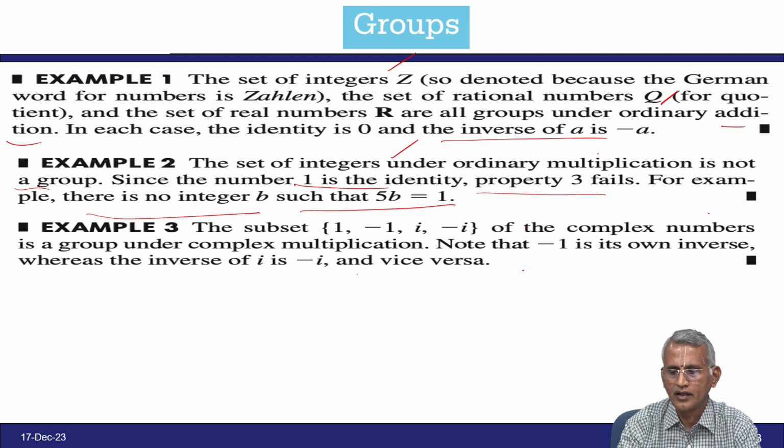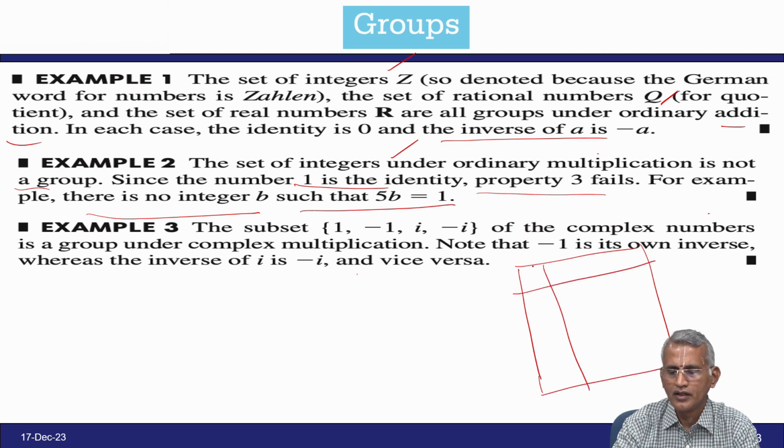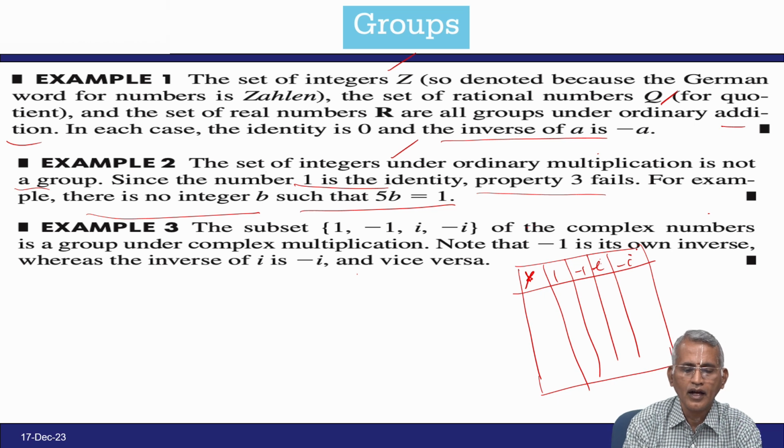So let us do the Cayley table so that you can understand whether it is a group or not. We take star as multiplication, with 1, minus 1, i, minus i. This is the quaternion 4 group, which is a subset of the quaternion 8 group.